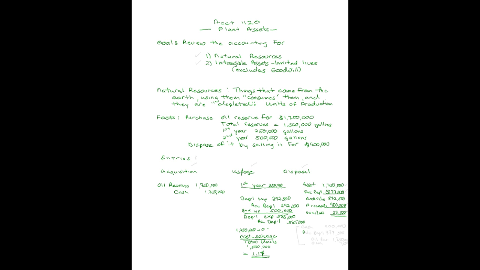First, we need to get rid of accumulated depletion. Get that off the books. That's $877,500. You don't have to do that first. I don't know why I did. I just grabbed that number first. Now let's get rid of our asset. Our asset, which is an oil reserve, needs to go. And it had a cost of $1,750,000, so that needs to go.